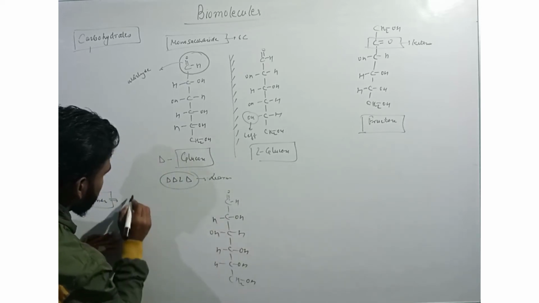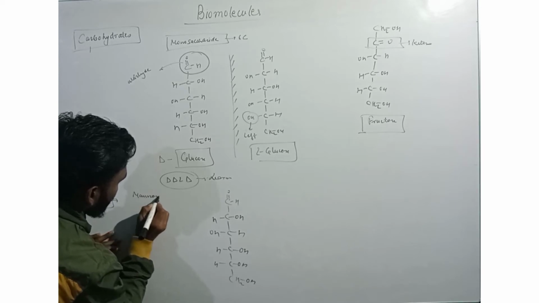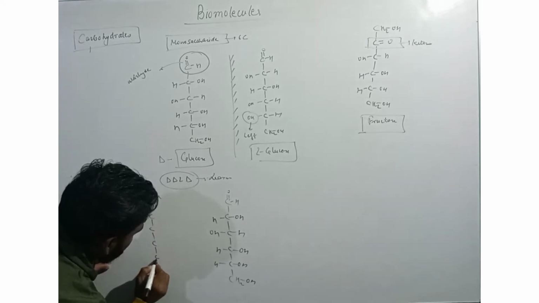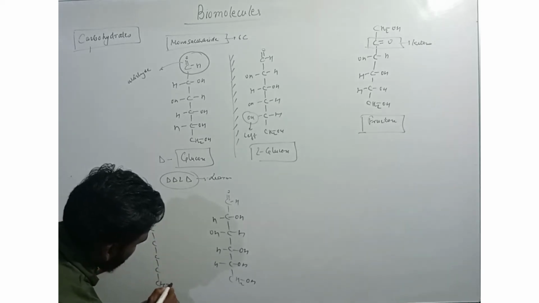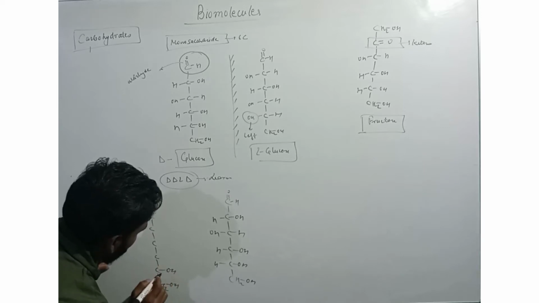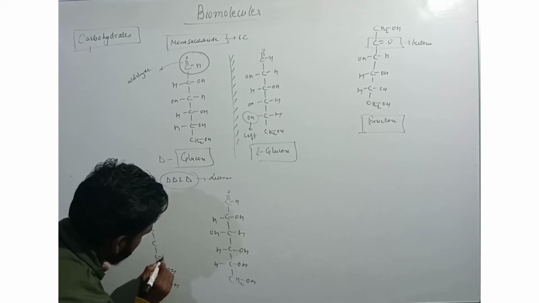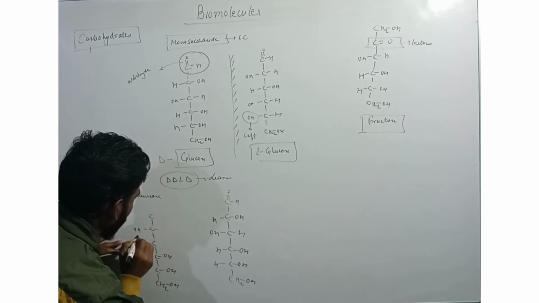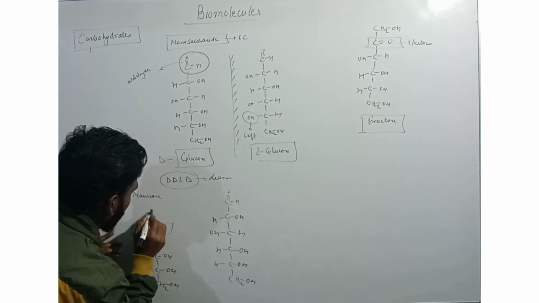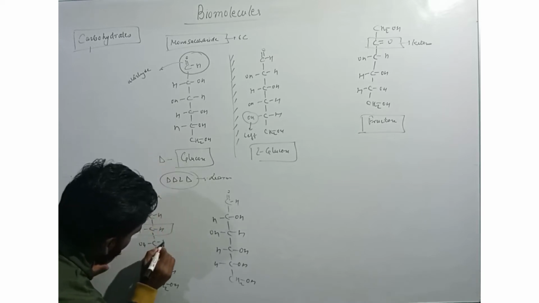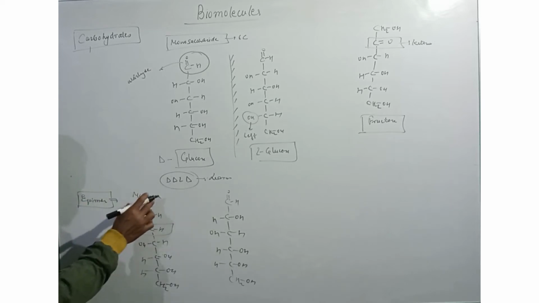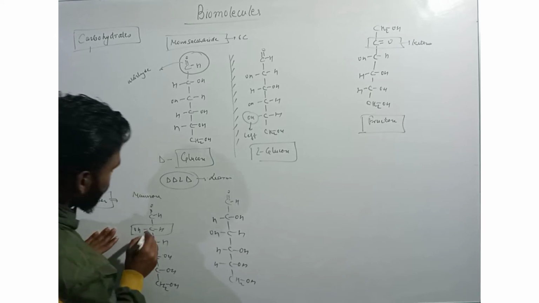Okay, now let's see. Mannose is the epimer of glucose at the position of carbon 2.